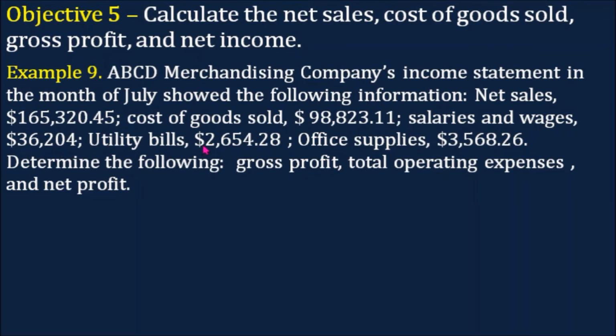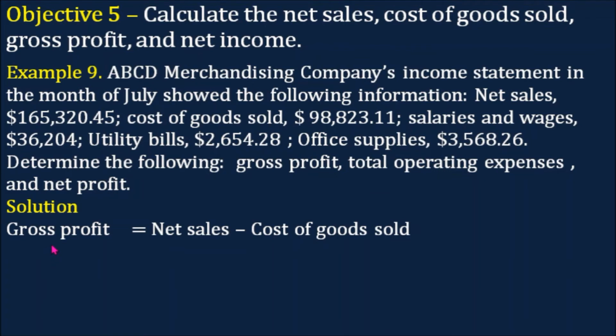Utility bills, $2,654.28. Office supplies, $3,568.26. Question, determine the following. Gross profit, total operating expenses, and net profit.